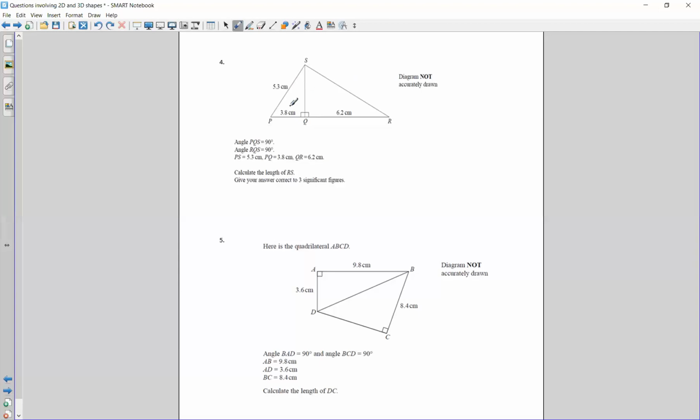So using these 2 sides, I can work this side out. Once I know this side, I can then use this side and this side to work this side out. Try this question for me. It will be a similar situation here. I'll leave you to it, and when you finish, come back to the video and we'll discuss it further. Pause the video now.